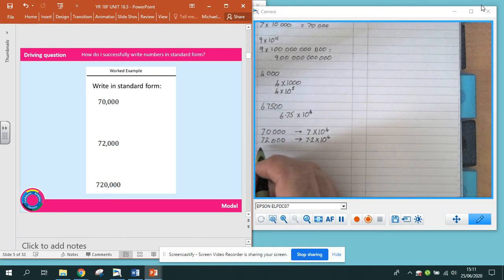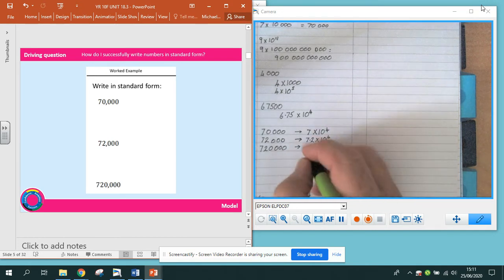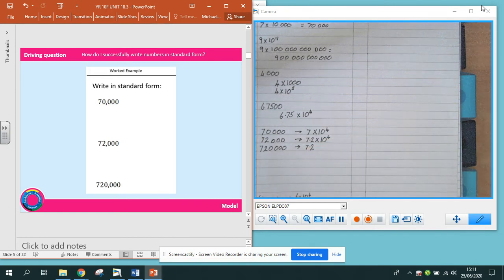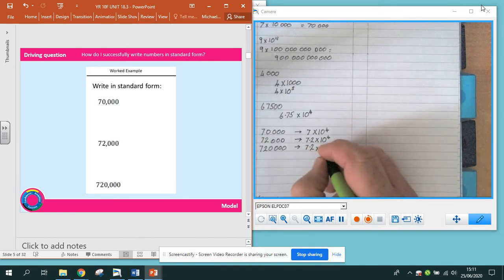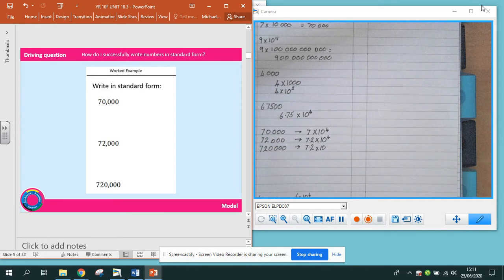And lastly, we've got 720,000. Once again, the decimal part of my number is going to be 7.2. But what have I got to multiply 7.2 by to turn it into 720,000?